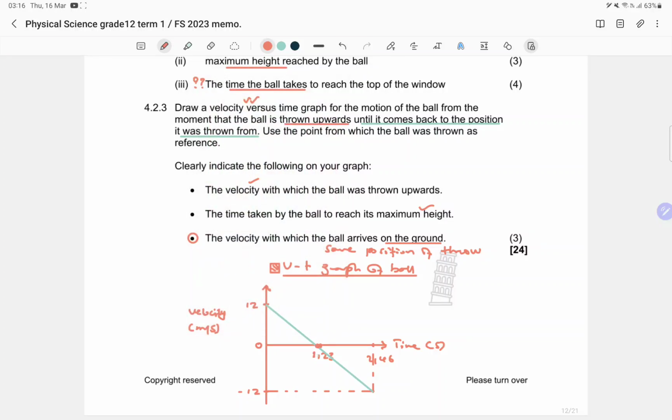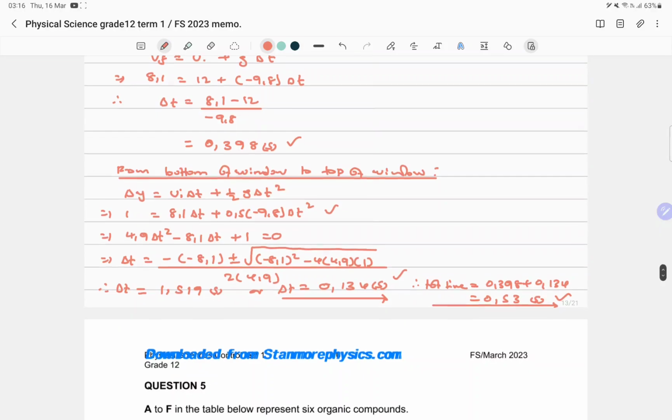So we can make this 1,23, and then this time is 2,46, okay, which is double the time it took to reach maximum height. So this is how it looks, guys. It's very simple, no need to panic here. But of course, if they've made this error, whatever you did, you probably are going to be awarded marks.